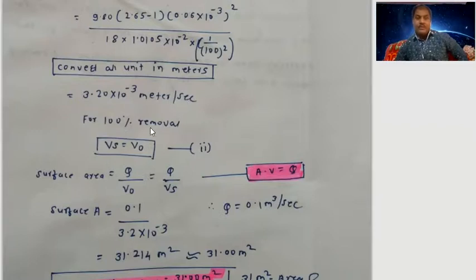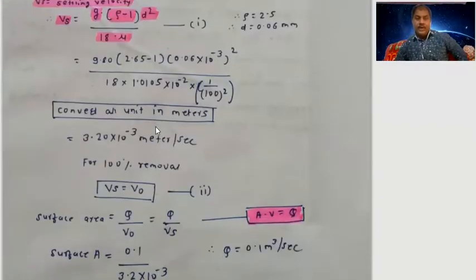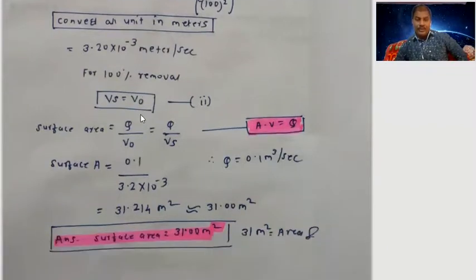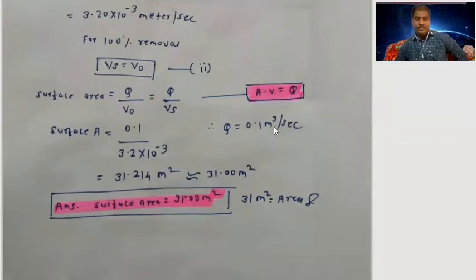For 100% removal, settling velocity equals actual velocity, so the surface area equals Q by V0, that is the discharge divided by the settling velocity. This is taken from A into V equal to Q, that is the discharge equals area into velocity.